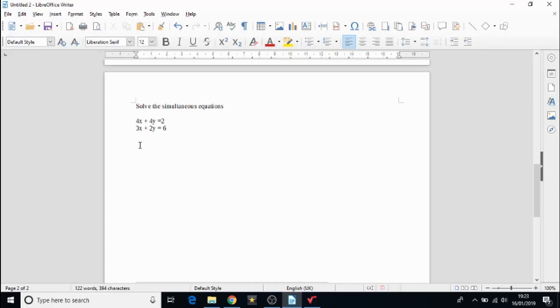However, unlike the first question, right now we don't have any unknown variables with the same coefficient as each other. So this means you have to make one of the variables have the same coefficient as the other.